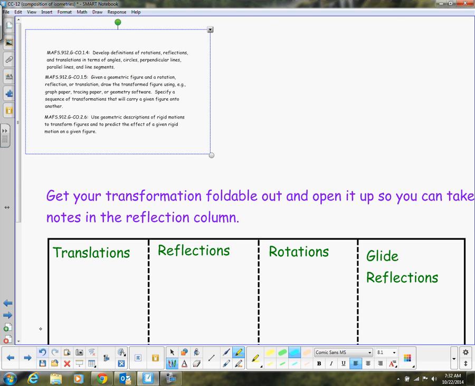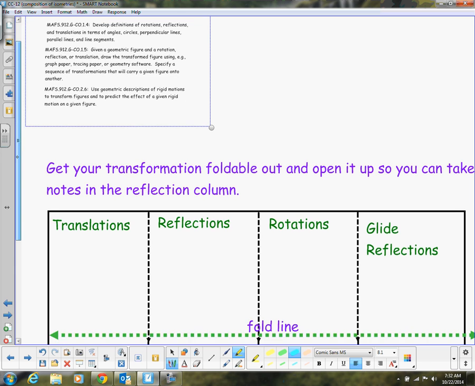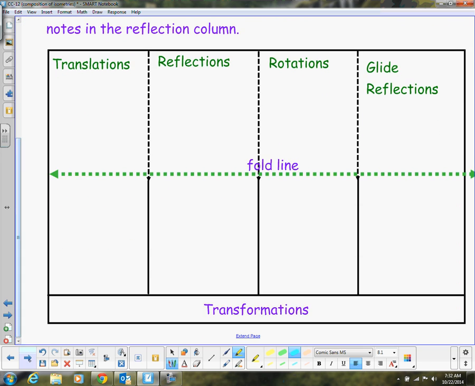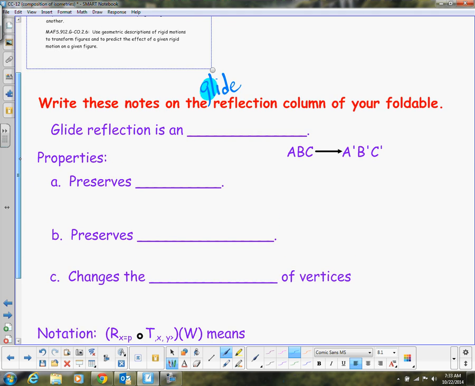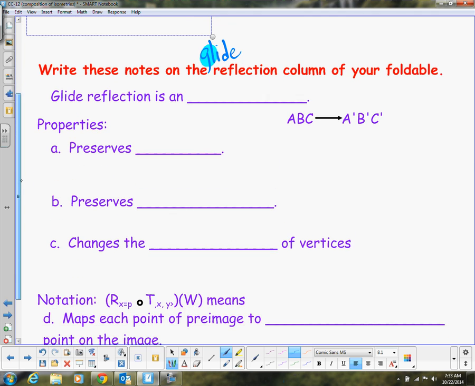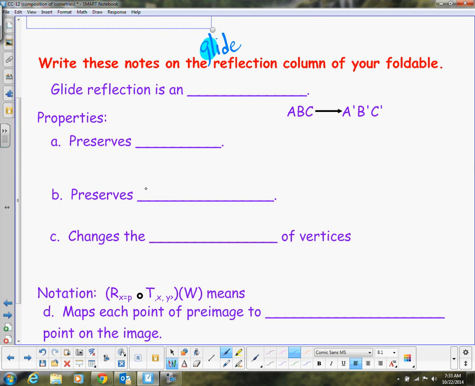All right. So, foldable. Let's see what we're going to do. Write these notes on the reflection column. Okay. We're on glide reflection. Can anybody guess the first fill in the blank?